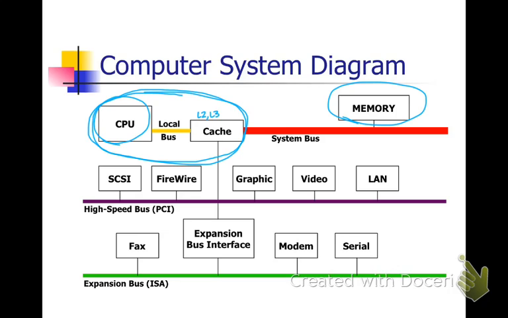Cache is similar to registers in that it is very high speed, also temporary, because it allows us to store more of what we're pulling from memory and keep it in the CPU. That makes the system faster.